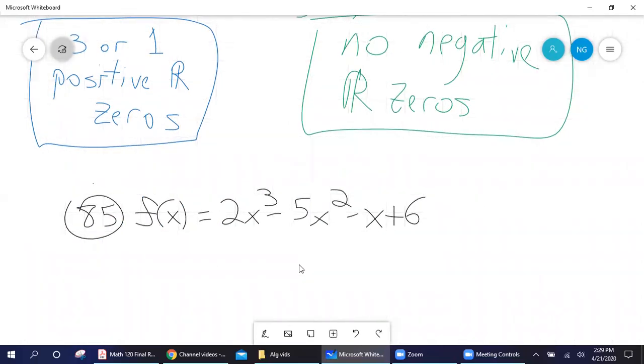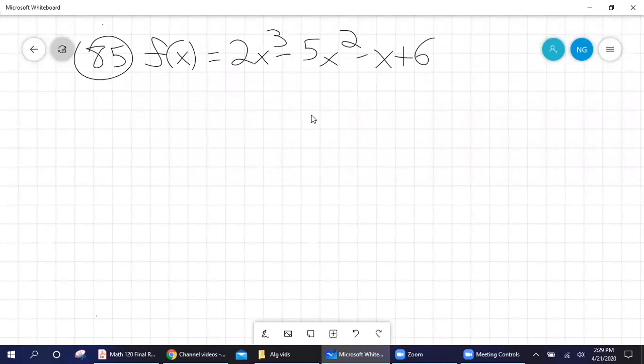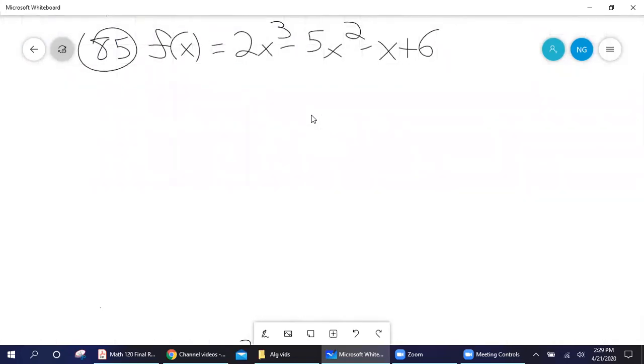For number 85, we want the end behavior, the y-intercept, the zeros, and then we'll do a graph. So end behavior, that is when I just focus on the leading term. It's odd degree with the x cubed, and it's positive.